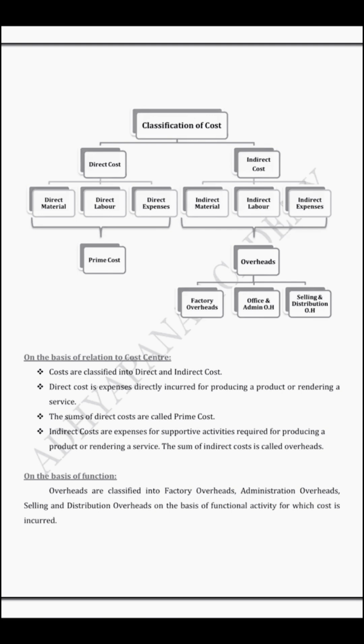The sum of direct costs is called prime cost. Indirect costs are expenses for supportive activities required for producing the product or for rendering the service, and the sum of indirect cost is called overheads. On the basis of function, it is classified into factory overheads, administration overheads, selling and distribution overheads, on the basis of the functional activity for which the cost is incurred.